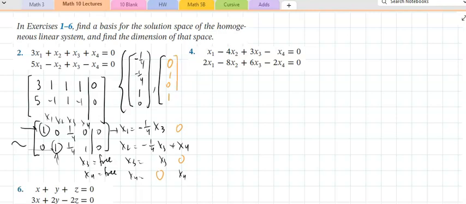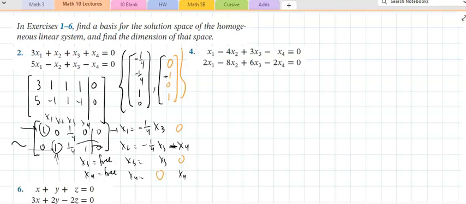Yep, that seems to be correct. Just want to make sure I didn't make a mistake. We said negative 1/4 minus, when you move that over, there you go. Okay.